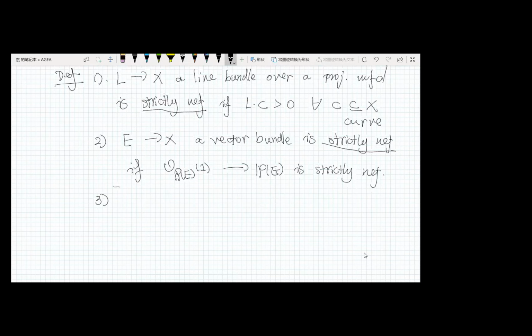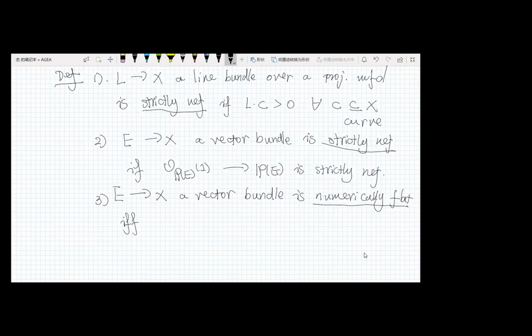This one is also important in my talk. A vector bundle E is numerically flat, and we have different equivalent definitions.